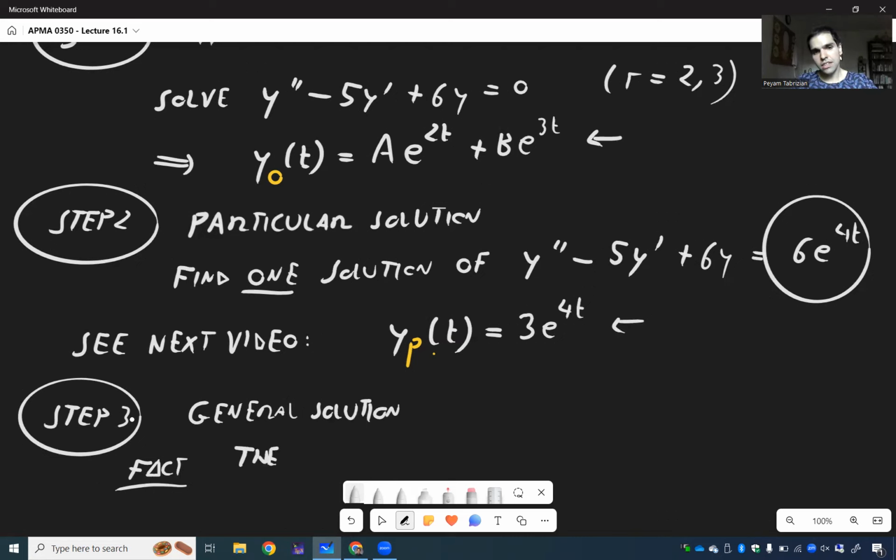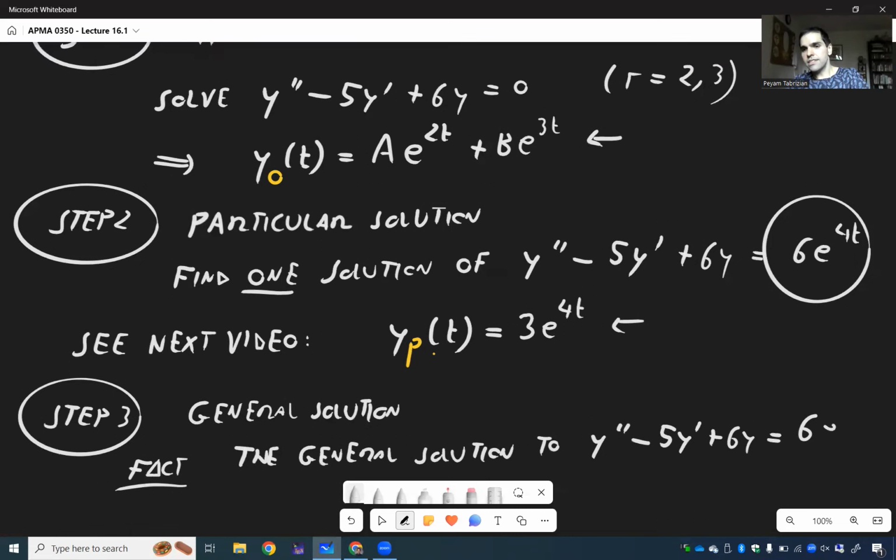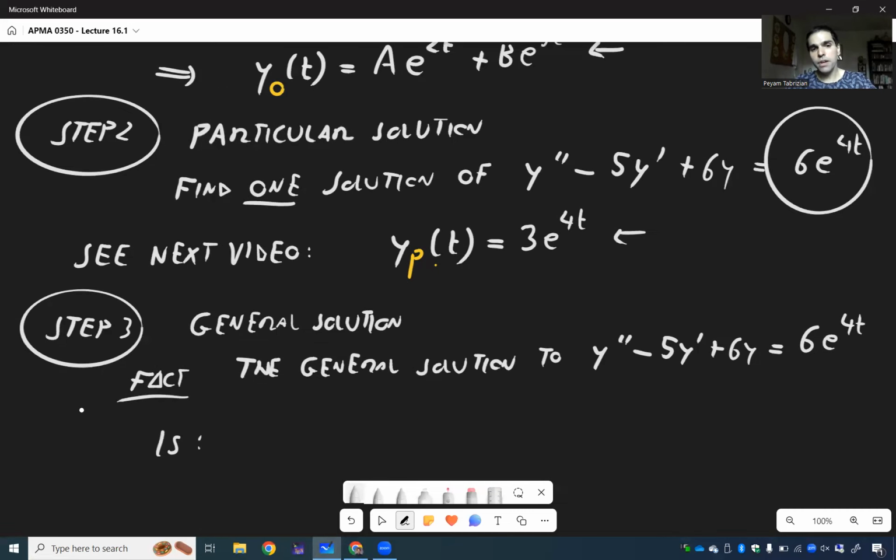So fact, the general solution to y double prime minus 5y prime plus 6y equals 6e to the 4t is simply y is the homogeneous solution plus the particular solution.